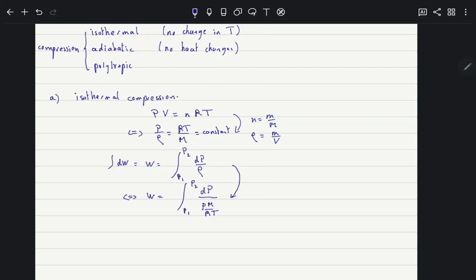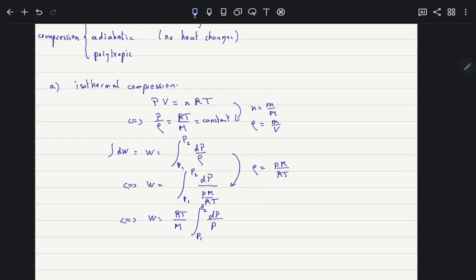Here you use the expression that we just established, rho equals PM over RT. Now we take out the constant terms from the integral, which is simply going to give us W equals RT over M times the integral of dP over P between P1 and P2.